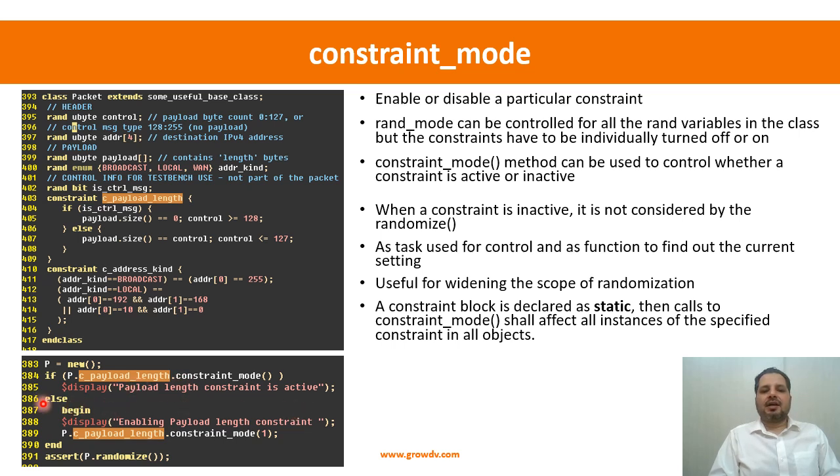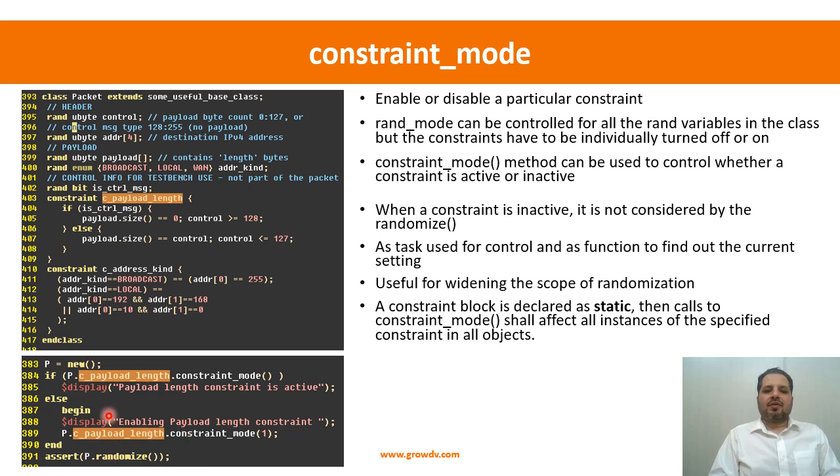So if it returns a value of 1, then we say that the constraint is active, and if it returns a value of 0, then we go to else, and let's say I want to turn this particular constraint mode on. I use the same hierarchy, that is P dot C payload length dot constraint mode, and pass the value of 1, and now it works in the task context and turns on this particular constraint, and then I can call assert P dot randomize.